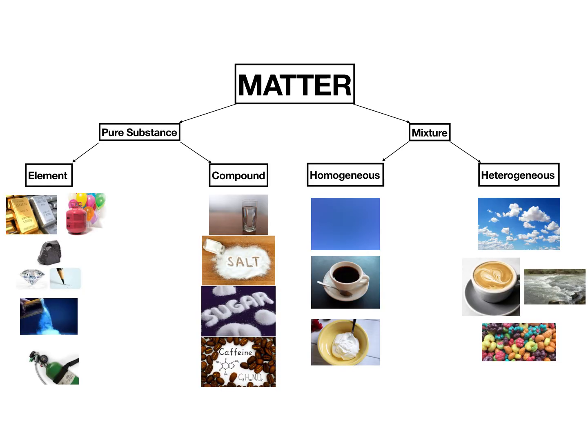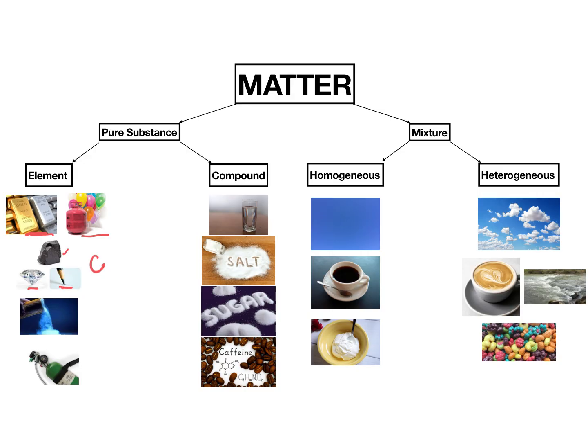Here's some real life examples, whether or not we are looking at silver and gold over here, or balloons filled with helium. Carbon comes in three forms: diamond, graphite, and charcoal.